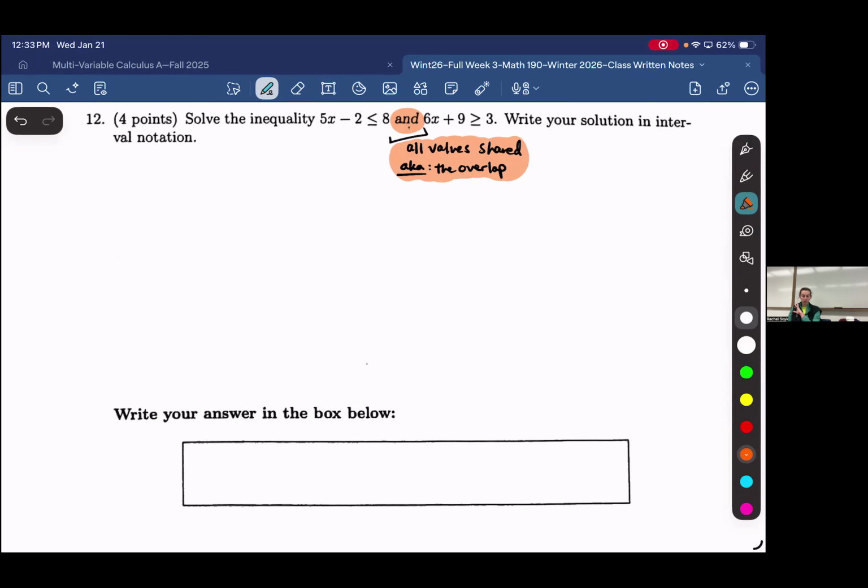If you have "or," you're just including all solutions from both inequalities. So we solve the inequalities separately first, and then we put them both on the number line, see the overlap, and then draw that additional number line to just show the overlap, the shared values.